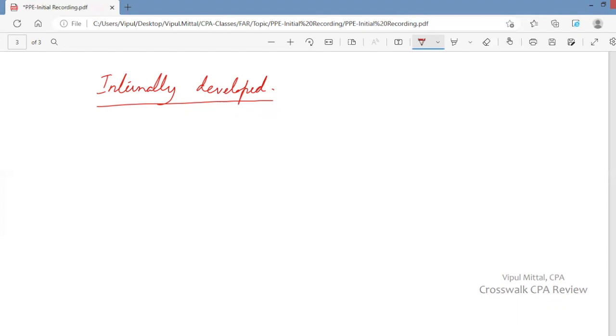So let's say you incurred cost on material, labor cost, architect fees, you also spent amount on getting licenses, you got electrical fittings done. All the cost that you have incurred in developing it is capitalized. So you incurred a cost of $1 million. This is capitalized.